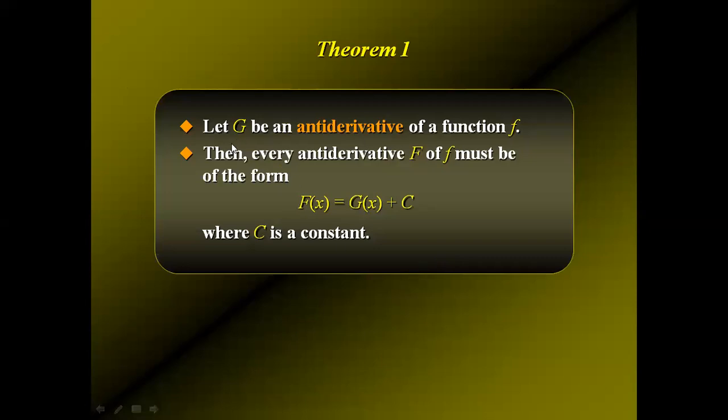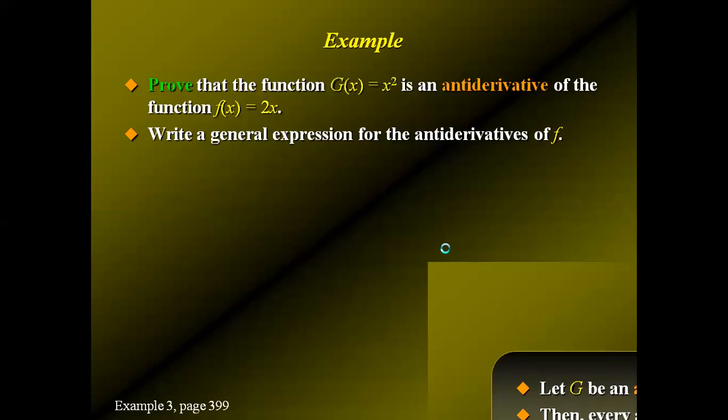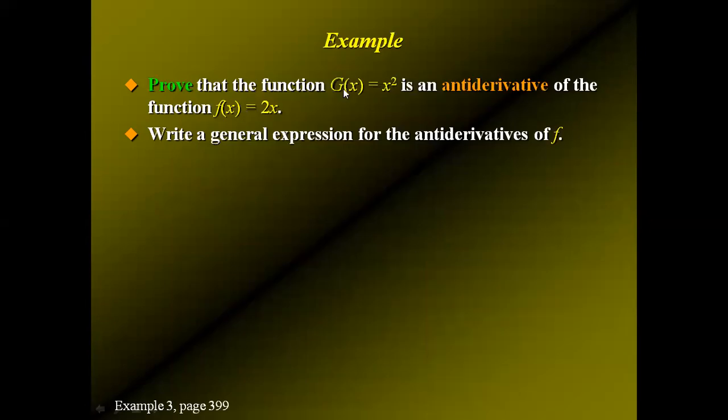Now let G be an antiderivative of a function f. Then every antiderivative capital F of small f must be of the form capital F of x equals G of x plus c, where c is a constant. Okay, we can prove this. Suppose capital G of x equals x square, then the derivative will be twice x. Antiderivative means what?